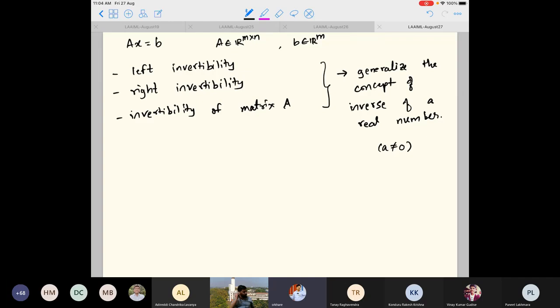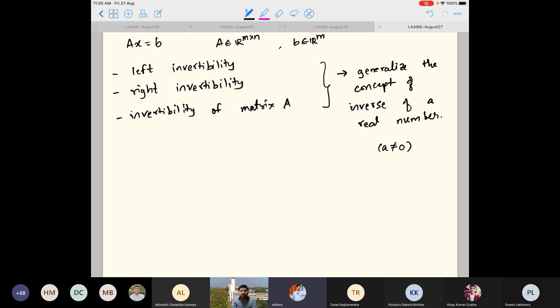And for invertibility of the matrix, both rows and columns are linearly independent, right? So invertibility was for square matrices. Left invertibility you saw for at best tall or at best square matrices, and right invertibility was basically for wide matrices, at best square, right? That's what we actually saw so far.